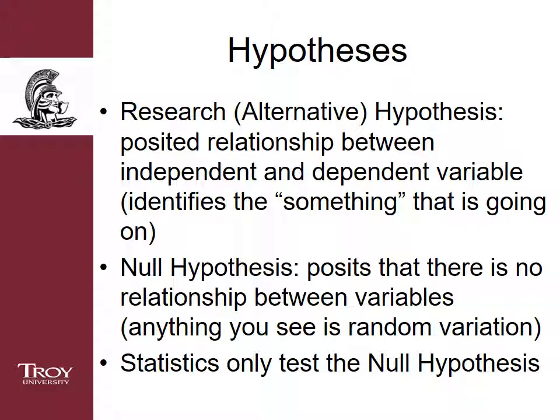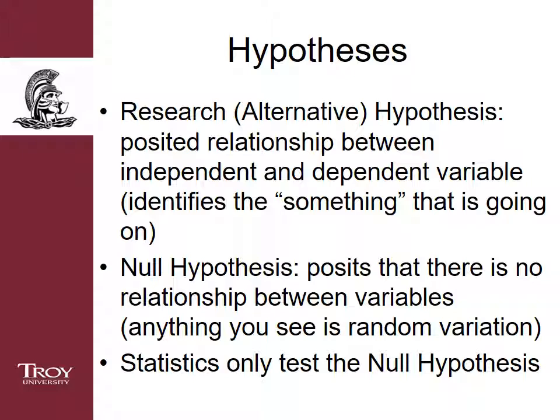Now the second one is the null hypothesis. This says nothing is going on. Right? There is no relationship between the variables. So when you go out and you have this independent variable and this dependent variable, and you search for some statistical relationship, again, you run a regression, you do a correlation, you just look at the difference of means between two groups when you sort them out by the independent variable, the null hypothesis says there's nothing going on.